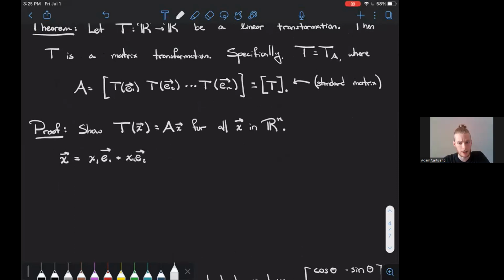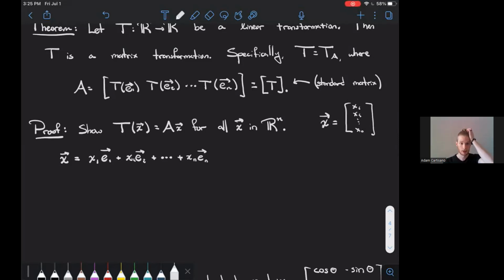This is confusing because I just used x1, x2, x3 and so on as components of vectors. But that makes sense, and that's what they are here as well. The xi's are components of the vector x. We'll just write it like this: x1, x2, all the way up to xn en, like this.